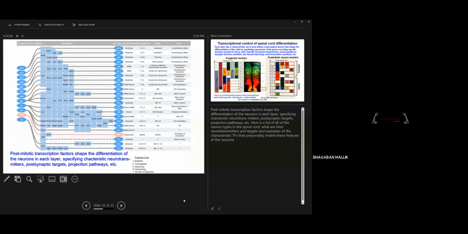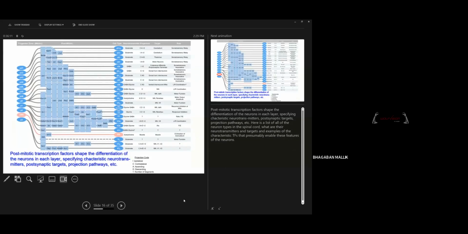Here I'm showing the same thing. These are the progenitor cells in the progenitor zone, then they become mitotic, and the mitotic progenitor cells become post-mitotic, expressing a different variety of transcription factors.